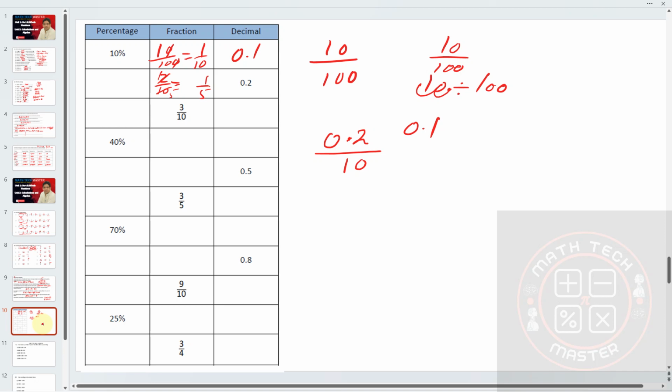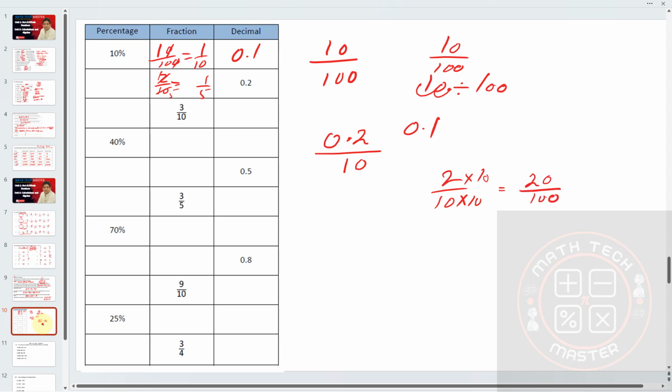Okay, now if we want to change it into the percentage, how can we change it? For the percentage, we have discussed it is 2 over 10 now, but we want to change it into the percentage. For the percentage, we need to make the denominator 100 because the percentage is out of 100. So we will multiply the fraction by 10 to make it out of 100.